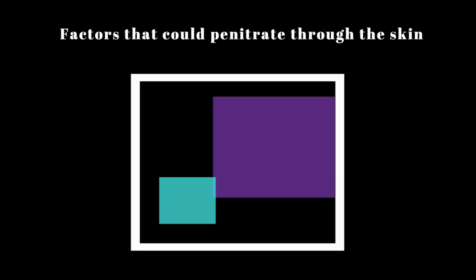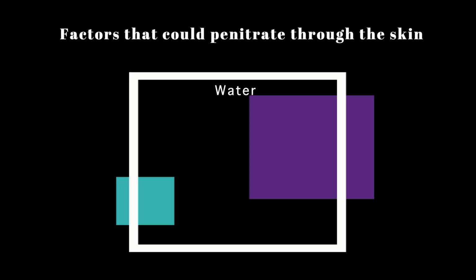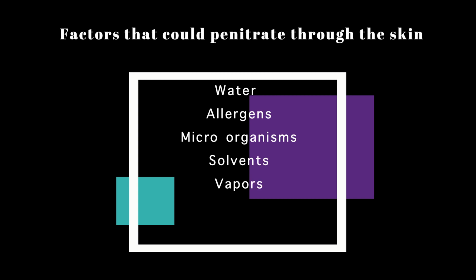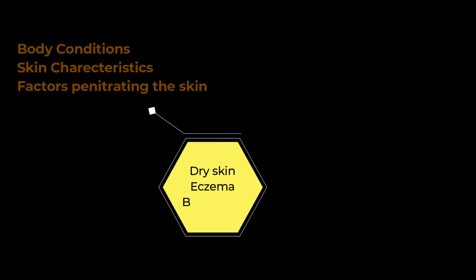Factors that could penetrate through the skin: water, allergen, microorganism, solvents, vapor, drug, cosmetic substances. These are a few principal factors that influence human skin and cause possible consequences of dryness, eczema, or breakouts.